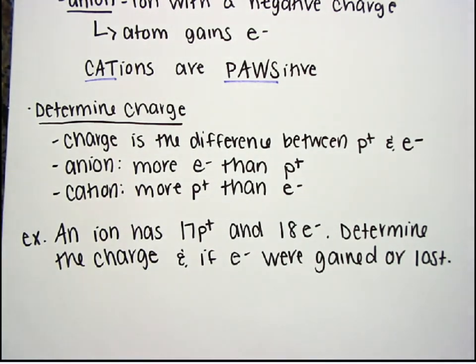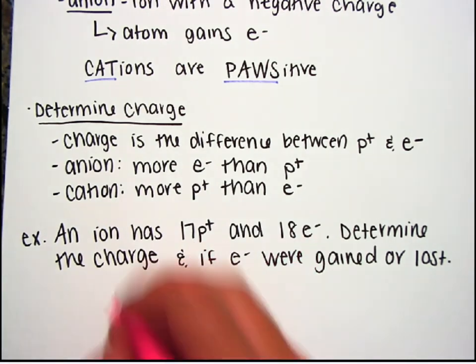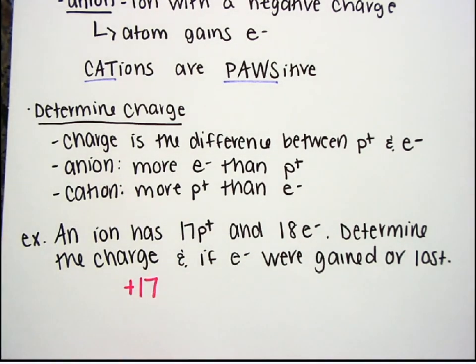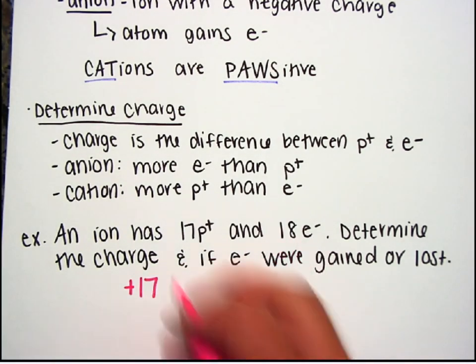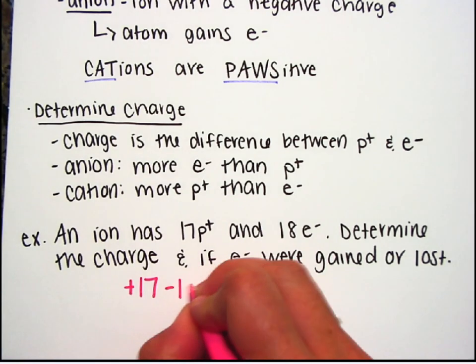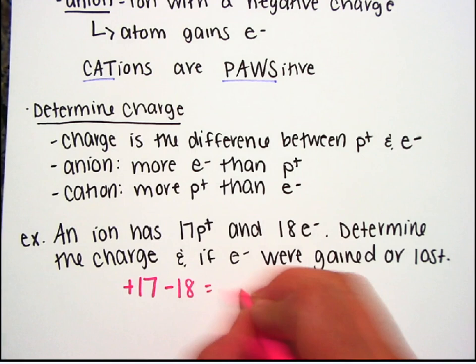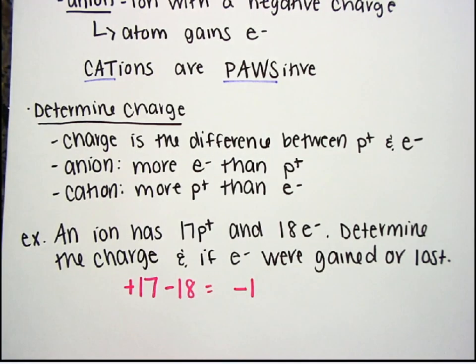So first, let's look at the difference between our protons and electrons. I have 17 protons, and protons are positive. I have 18 electrons, and electrons are negative. Well, that means my charge is going to be a -1. I have one more negative than positive.